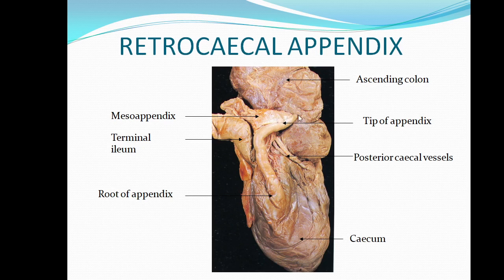Here you can see the tip of the appendix, and this is the mesoappendix, that is the fold of peritoneum suspending the appendix. And here what you can see is the posterior cecal vessels, the branches of the ileocecal vessels, and they are supplying the cecum.